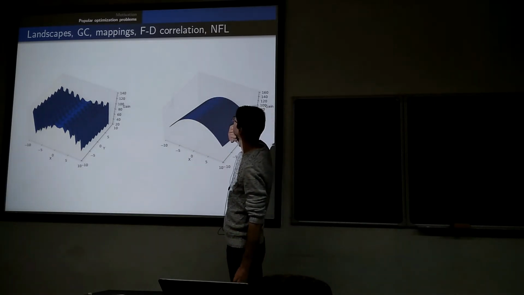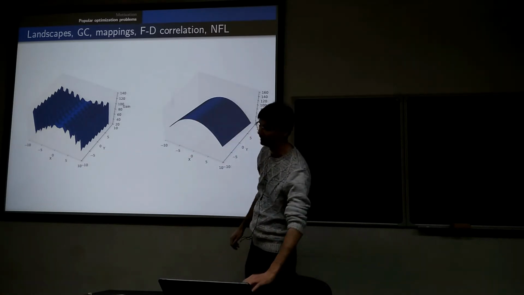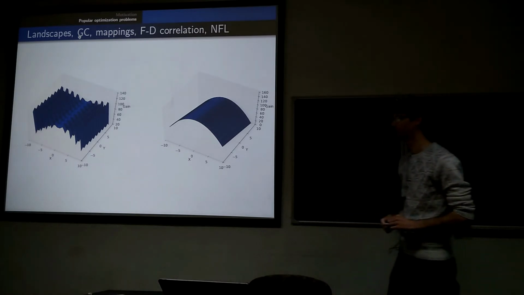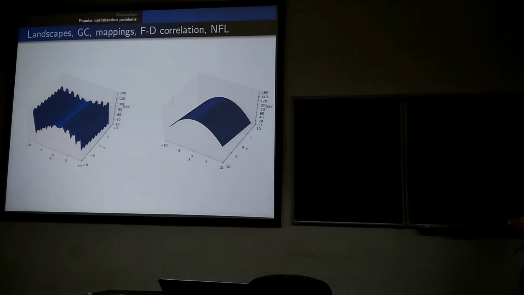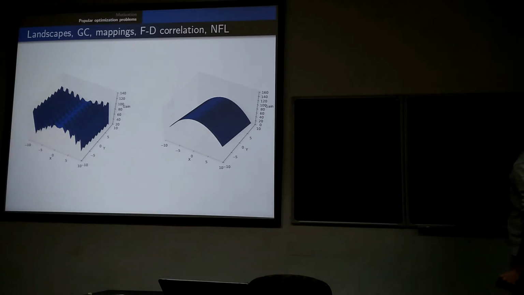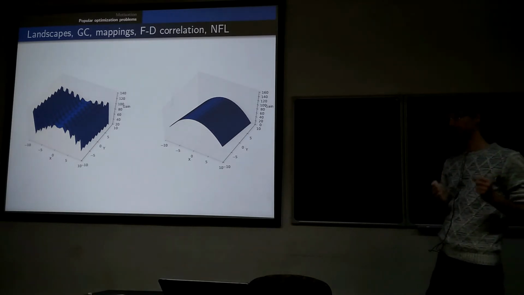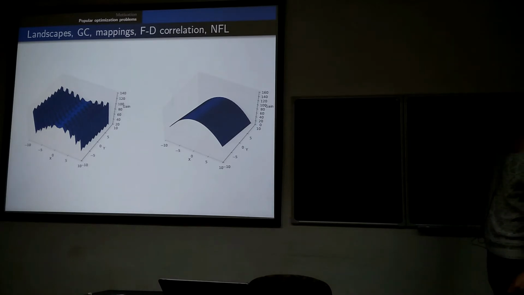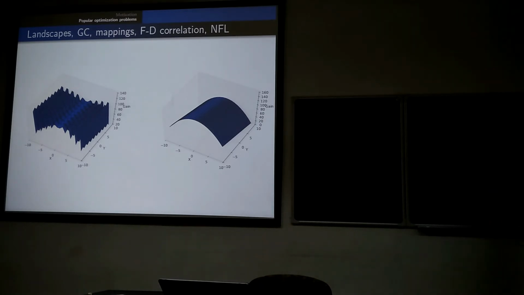So we know fitness distance correlation. What is GC? GC stands for global convexity. And global convexity is a very nice feature. It says that in practical optimization problems, in real life optimization problems, this landscape looks more or less like this.